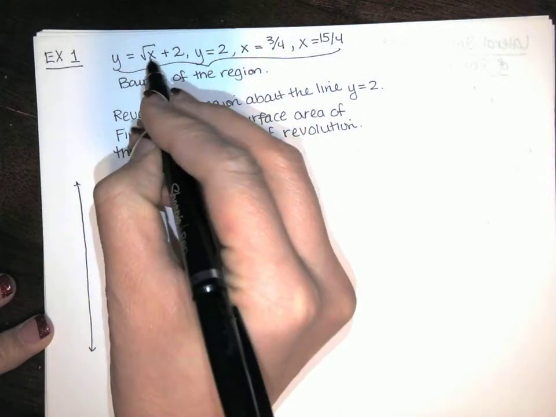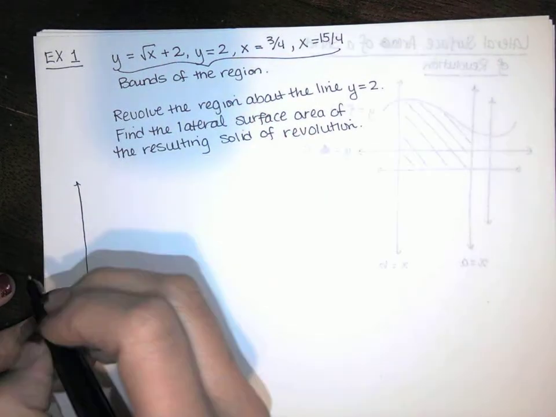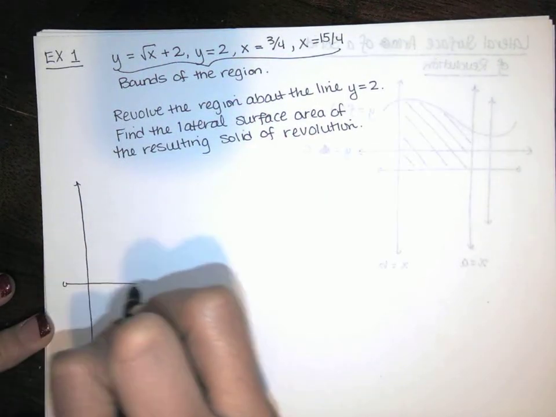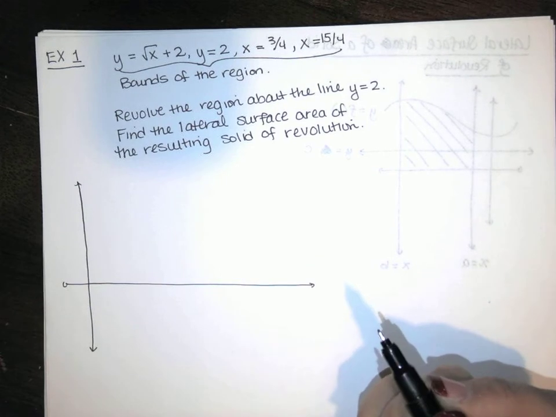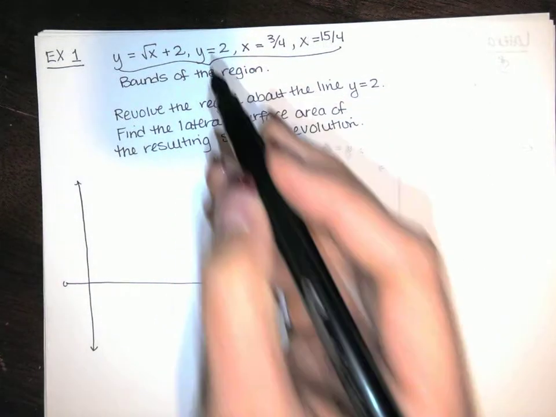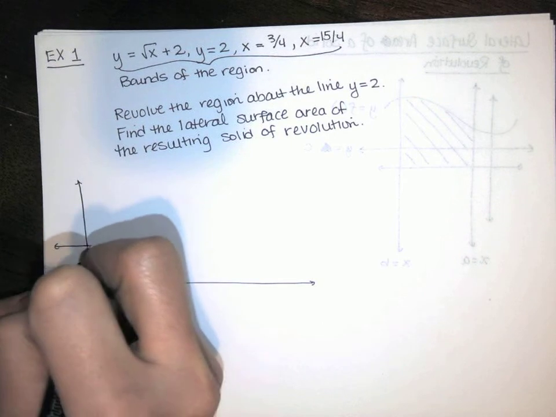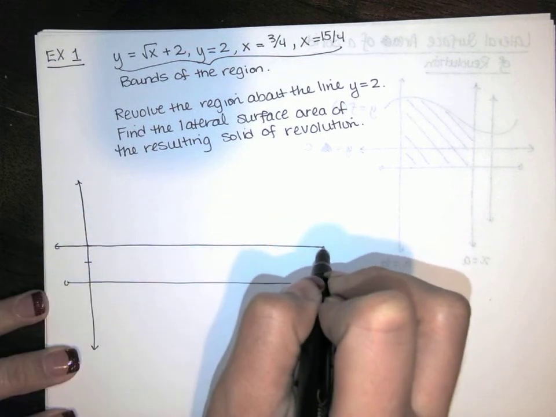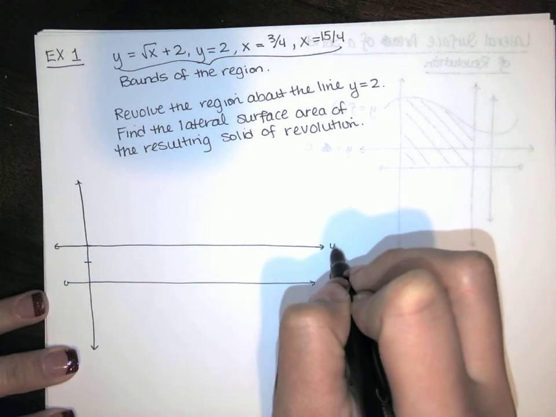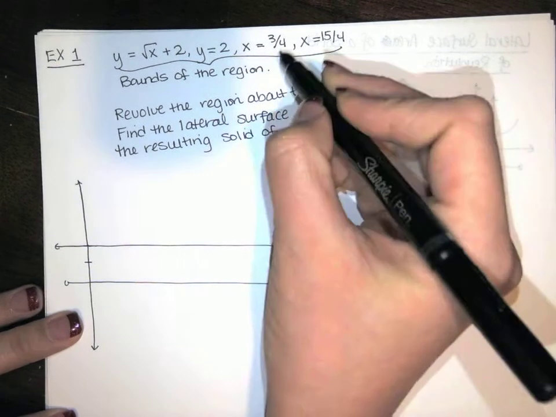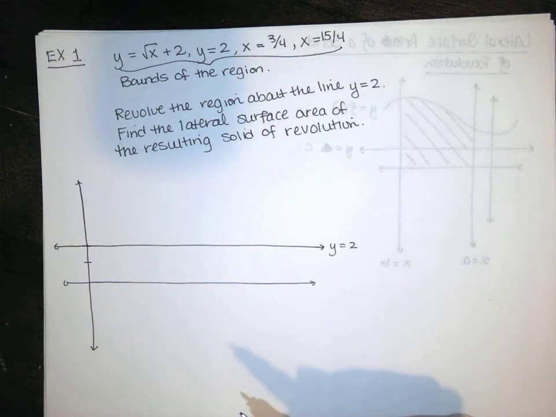My region is bounded by this curve. I think I'm going to do that last. The line y equals 2. The vertical line x equals 3/4.